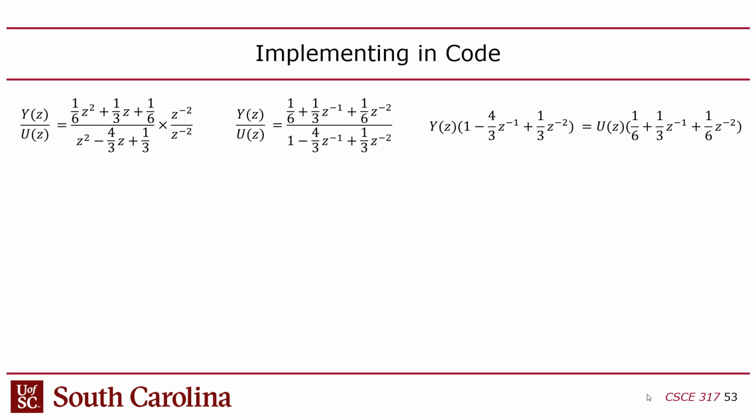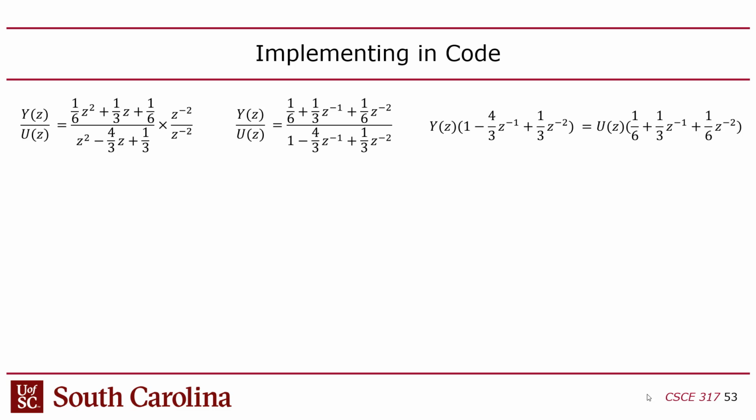Or actually, I can also include prior samples of the output y as well. Does that make sense? What I'm saying is you get it out of the transfer function form and put it into another form where I calculate the current y as a function of z's multiplied by u's and z's multiplied by y's, like past outputs, right? Then I can implement it directly in code just using shift registers, multipliers and adders, right?